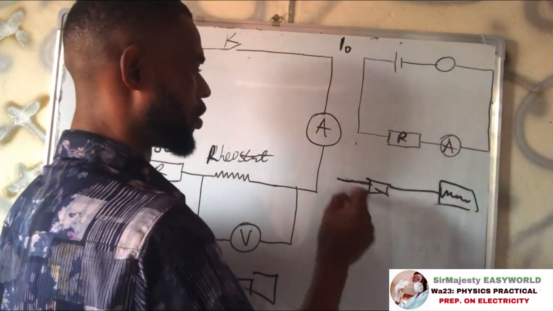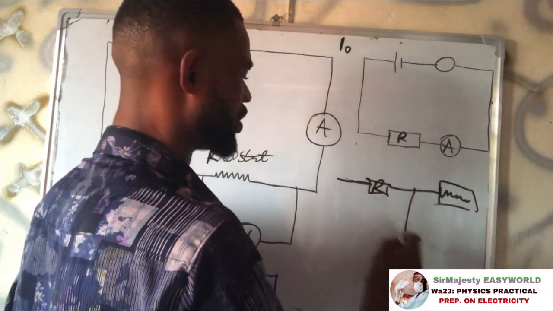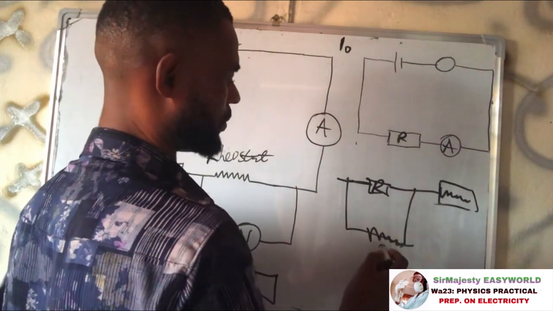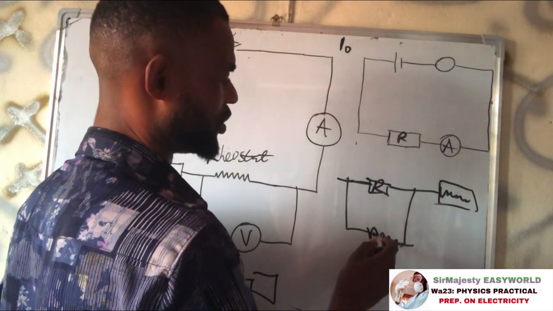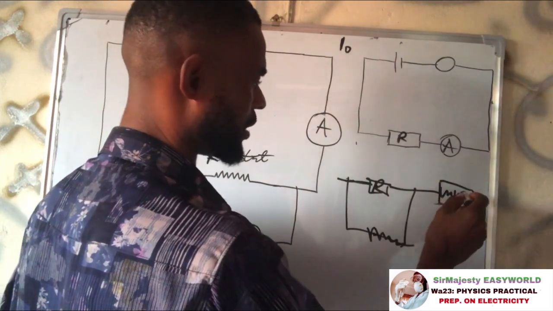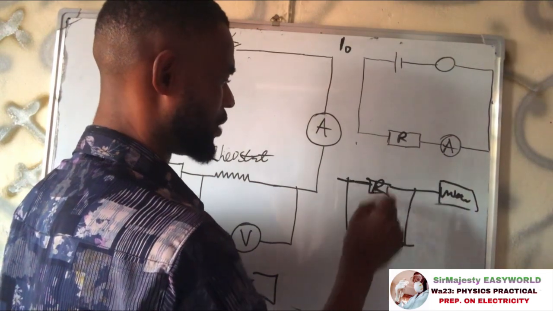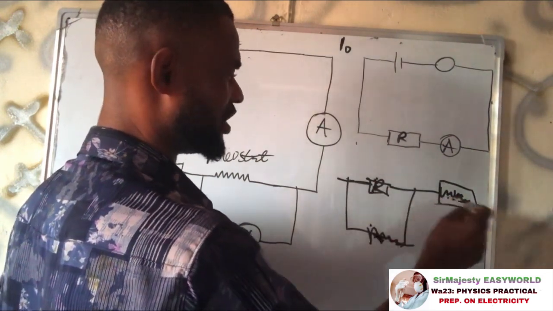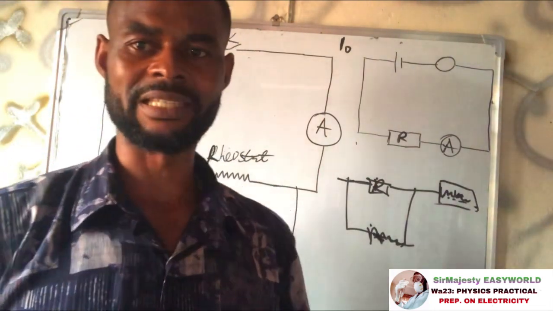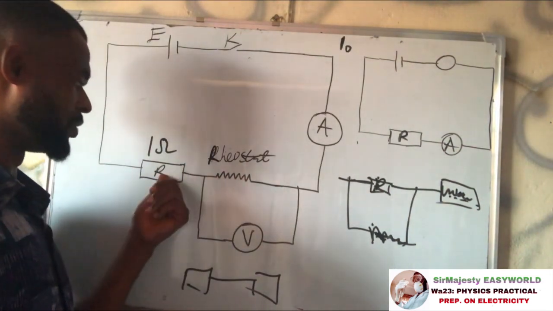But if they say connect the rheostat in parallel with the resistor, I make this connection like this, so that this rheostat, with respect to this resistor, is not in the same line. This one is in parallel with the resistor, and this one is in series. But the question says you should connect the rheostat in series. That is why we put it here to become end to end with the resistor.